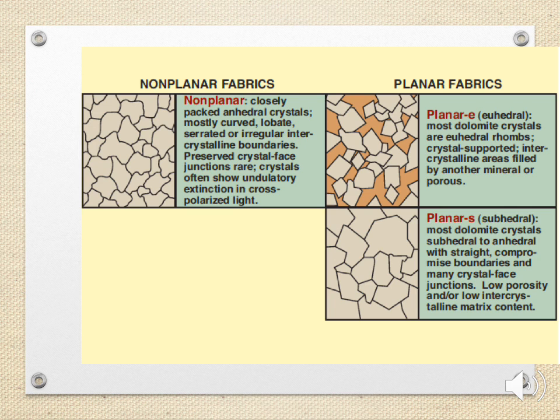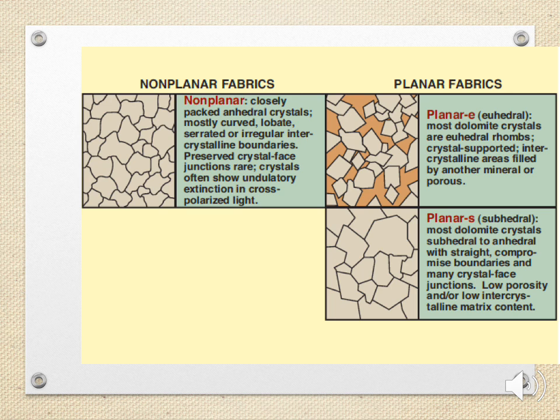Now, this is a simple version that I took from a text, and this shows non-planar fabrics being all these anhedral grains, or anhedral crystals rather, on the left, and then on the right we have the planar fabrics having planar euhedral with those nice flattish euhedral edges, rhombs, and other shapes.